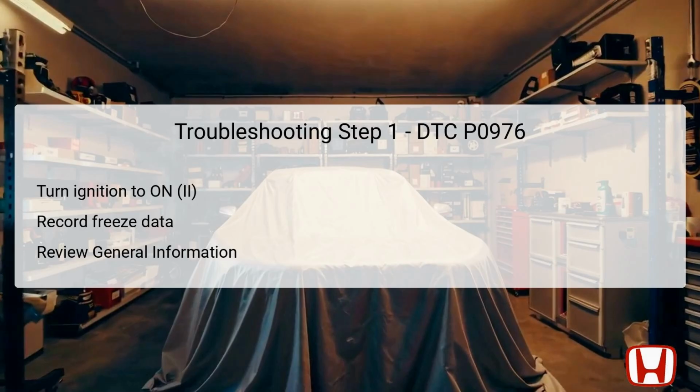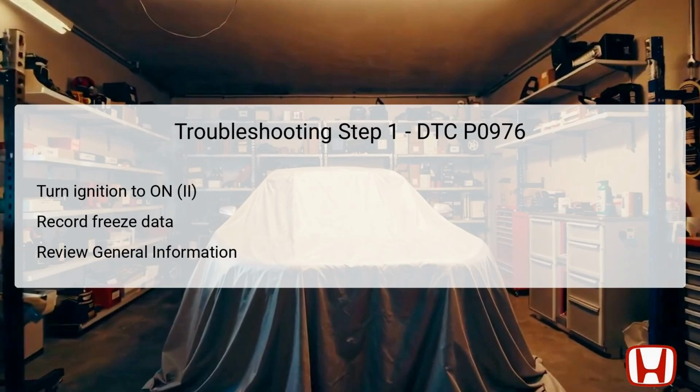The first step in troubleshooting the P0976 DTC is to turn the ignition switch to the on position, also referred to as on 2, which powers the vehicle's electrical systems without starting the engine. Before diving into diagnostics, it is crucial to record all freeze frame data and onboard snapshots using the Honda Diagnostic System, HDS.